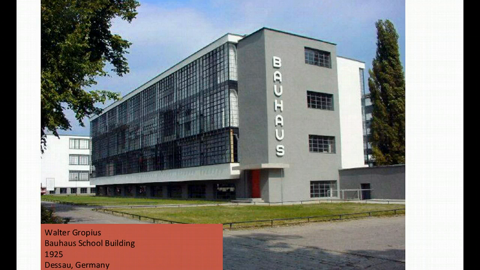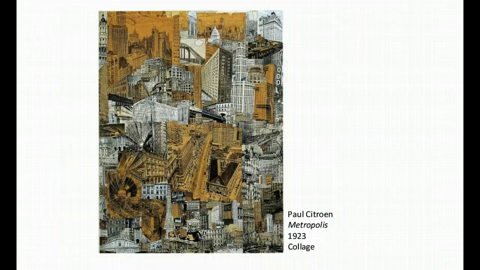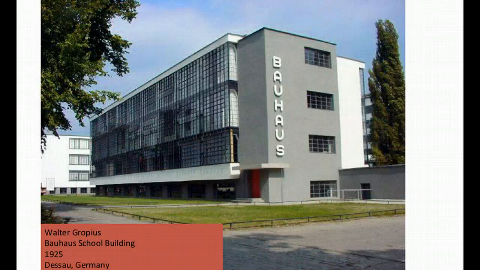Citroën is instrumental as an element of Bauhaus because in making this collage of all of these different motifs for how you build skyscrapers, we get to this building, the Bauhaus School Building, which was built in 1925, and it employs a lot of the same systems for making buildings. And simply put, if you build a structure out of steel instead of wood or brick, you can build it much higher. And then all of the walls are actually just hanging or latched into that steel structure.